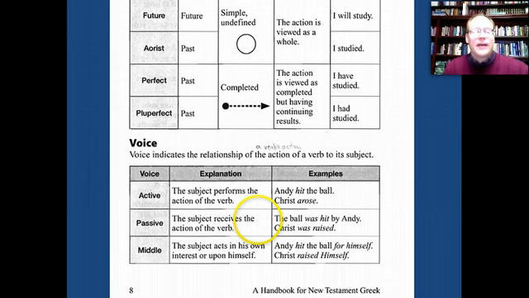So, active, the subject performs the action. Passive, the subject receives the action. We're used to this in English, but Greek has a third voice. It's called the middle voice, where the subject acts in his own interest or upon himself. The middle voice is unique to Greek from an English perspective.